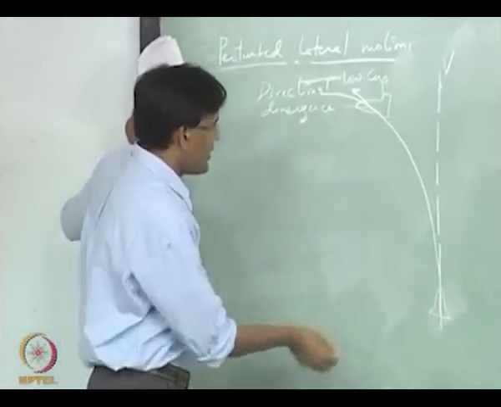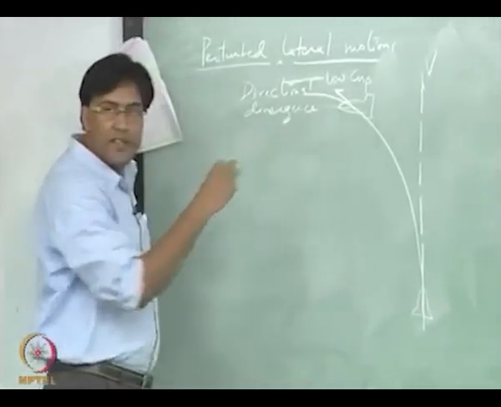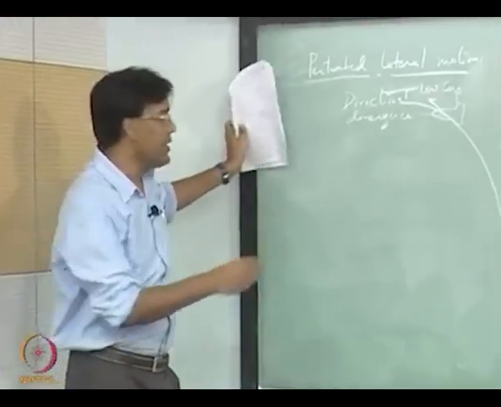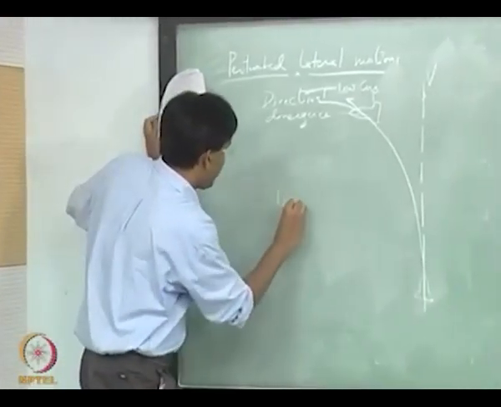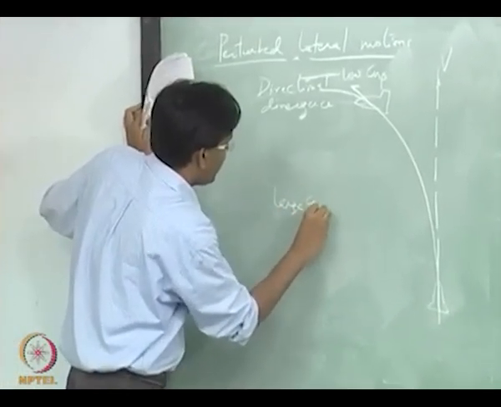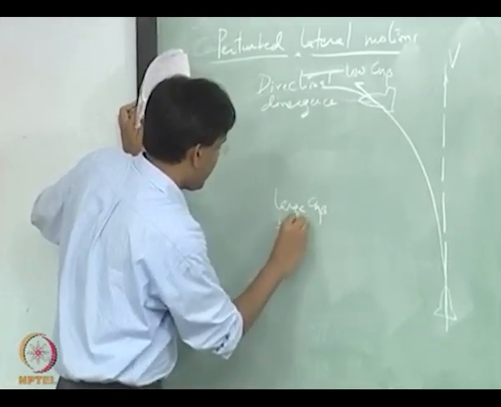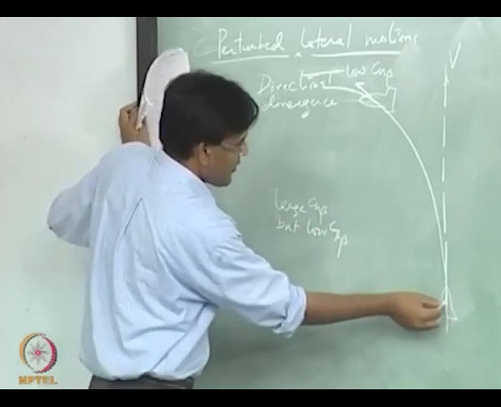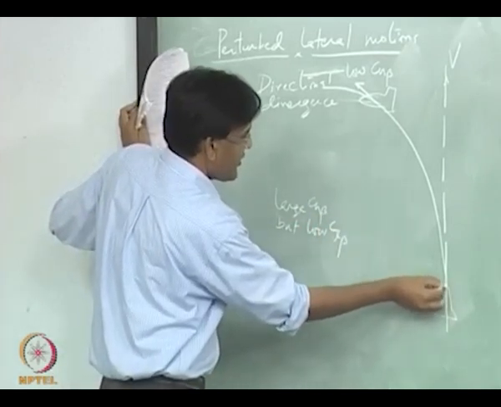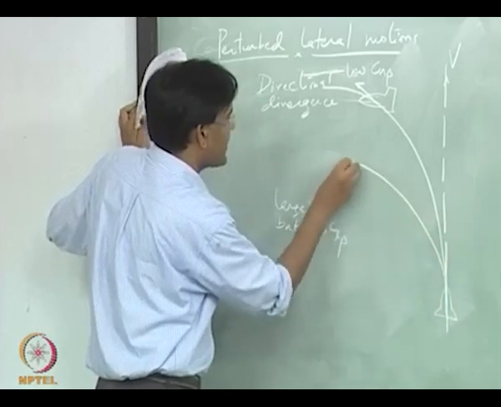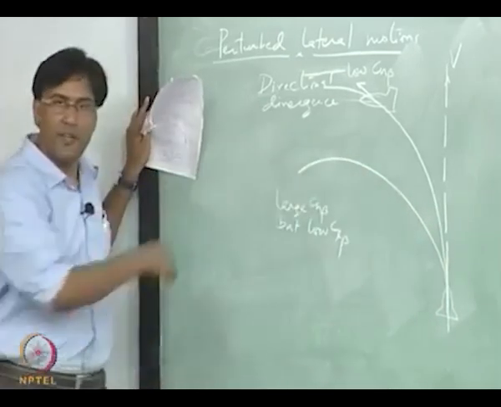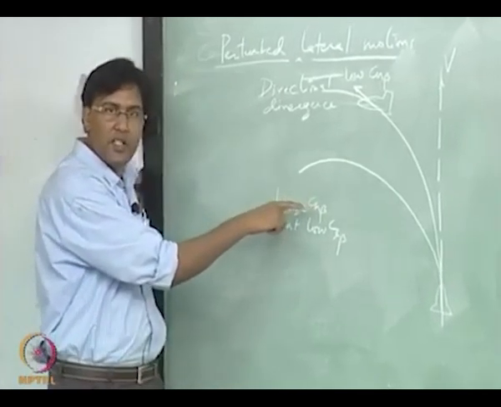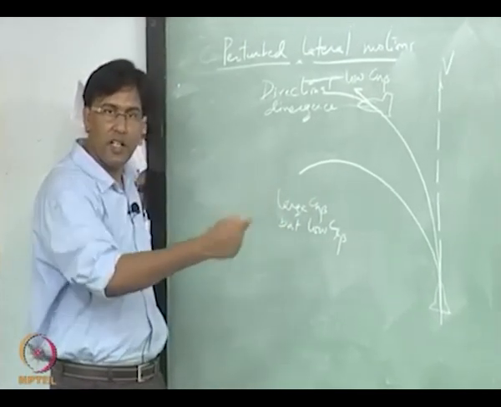There is another situation when you have enough Cn beta but low Cl beta. In that case the aircraft still follows a curved path, but it is able to kill that beta because it has large stiffness in yaw.